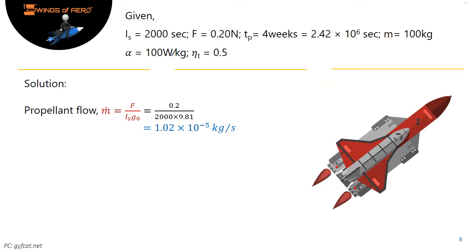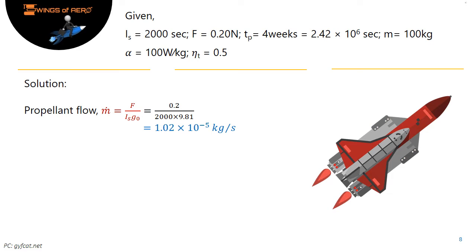First, find propellant mass flow. For constant thrust and negligible start or stop transients, propellant flow can be written as m dot is equal to F divided by I suffix s into g naught.